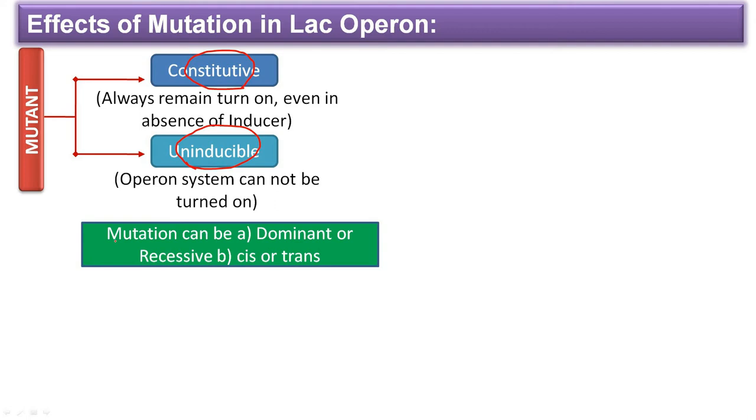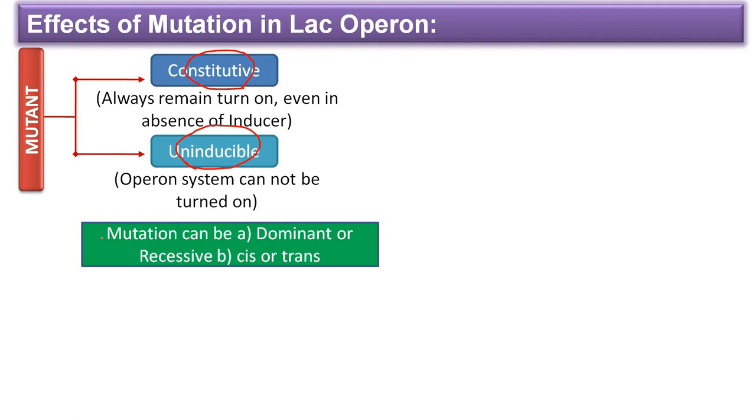It can be also cis or trans. In case of cis mutation, the mutation affects only the expression of genes on the same DNA, whereas in case of trans, the mutation affects the expression of genes on different DNA or chromosomes.